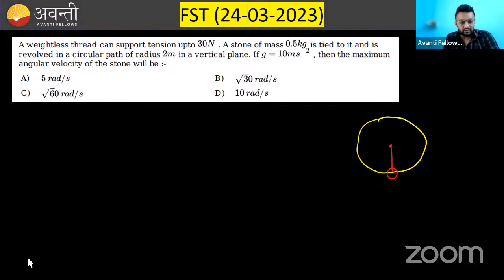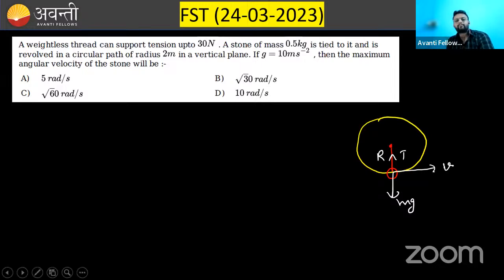Let's suppose it has some velocity in this direction, V, and it has a radius of r. Now, till now, everything is clear. Let's suppose the mass of the particle is m, then there will be gravity mg, and there will be a tension T in the string.